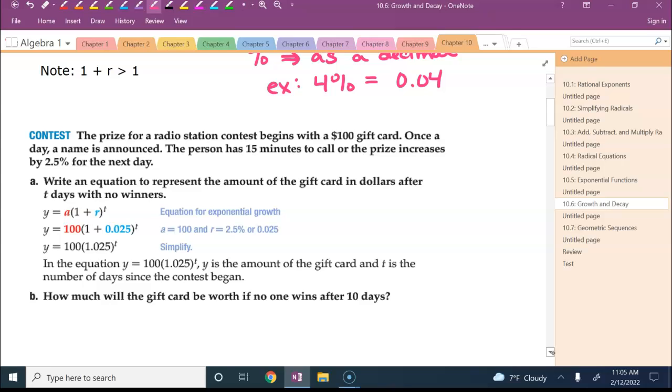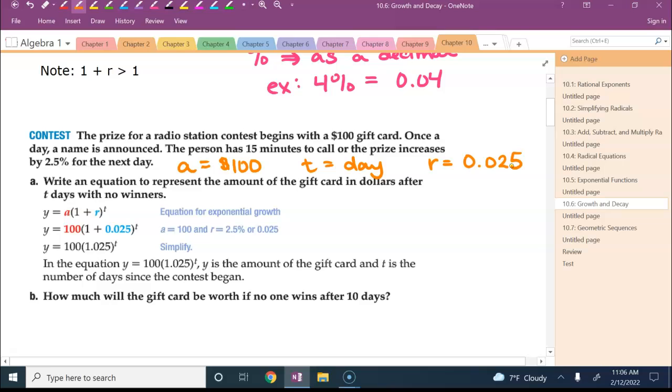Looking at just this information, I should be able to identify some of the key things that we need for our formula. The initial amount is your a. That would be the $100 gift card that they're starting with. Time would be a day, since they're doing this every day until somebody calls in and claims the prize. And r would be your rate. It says 2.5%, so we divide that by 100 to get 0.025.